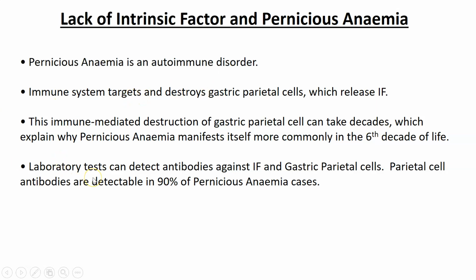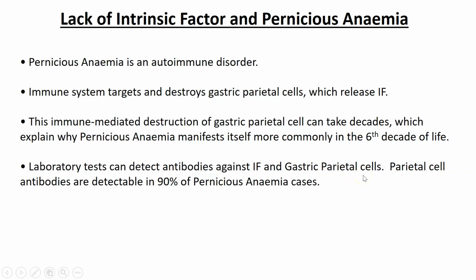In terms of a laboratory test for pernicious anemia, because it's an autoimmune condition, we can do an antibody test. Can we see antibodies against intrinsic factor? We can detect antibodies that bind to intrinsic factor, and we can detect antibodies that bind to parietal cells.